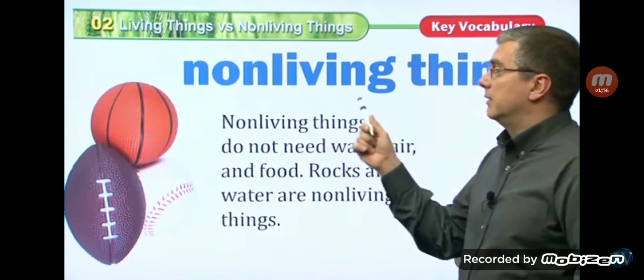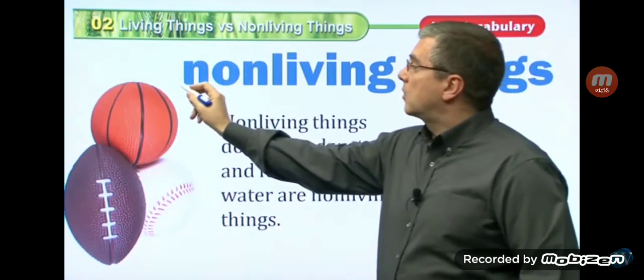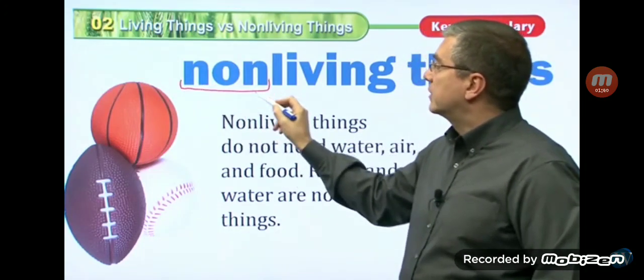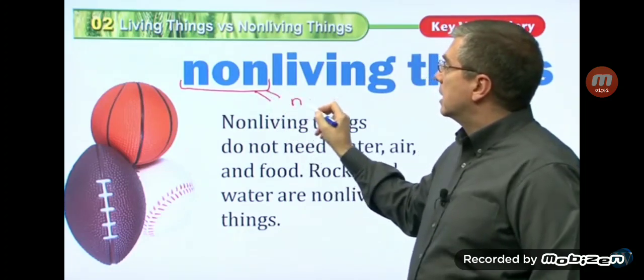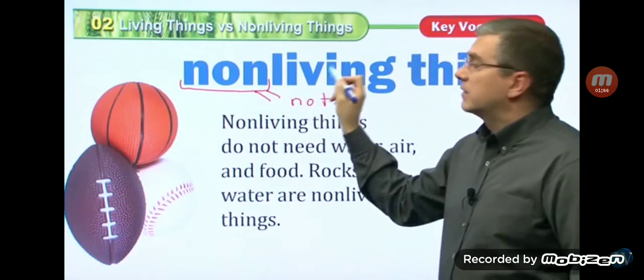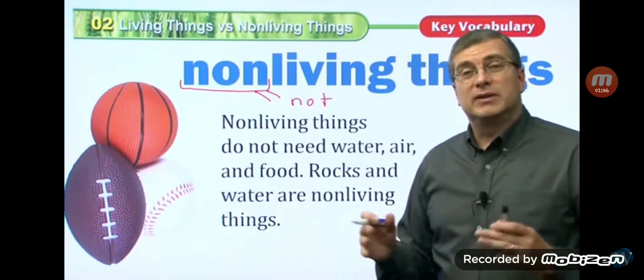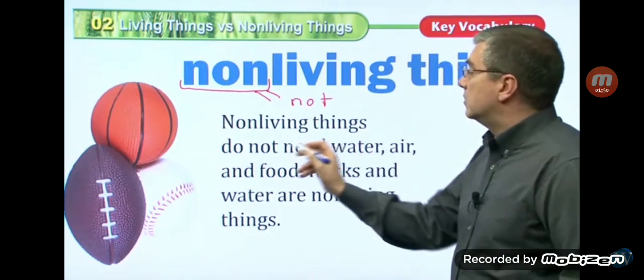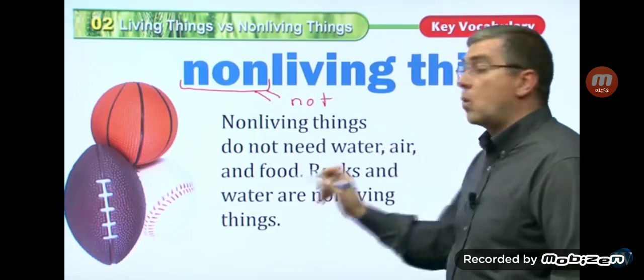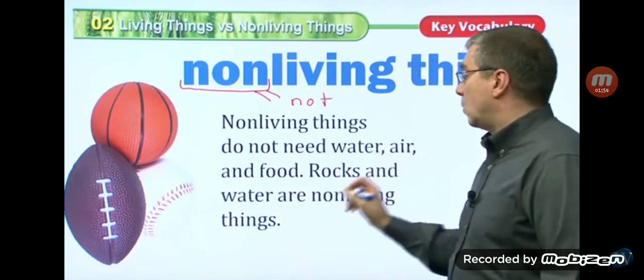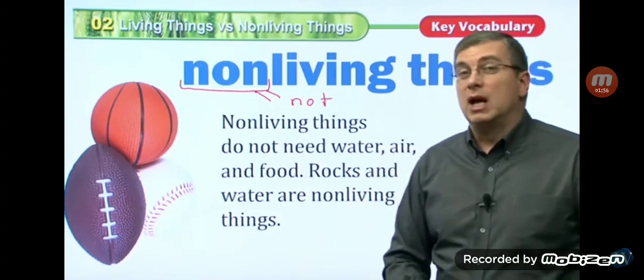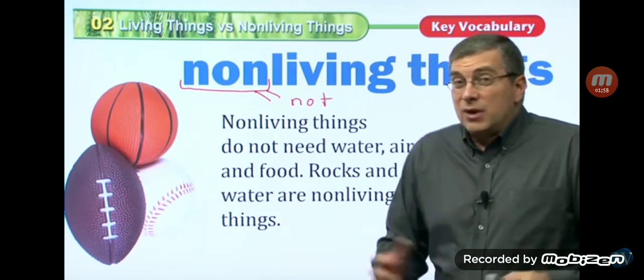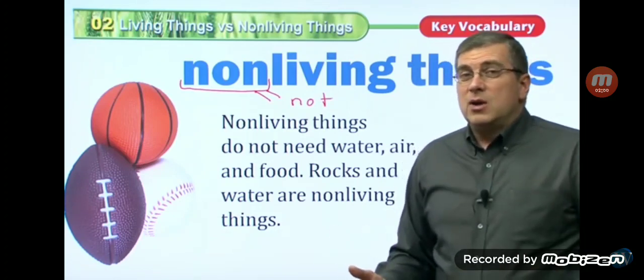As opposed to non-living things. Non means not. Not living, meaning not alive. Non-living things do not need water, air, or food. Rocks and water, for example, are not alive.